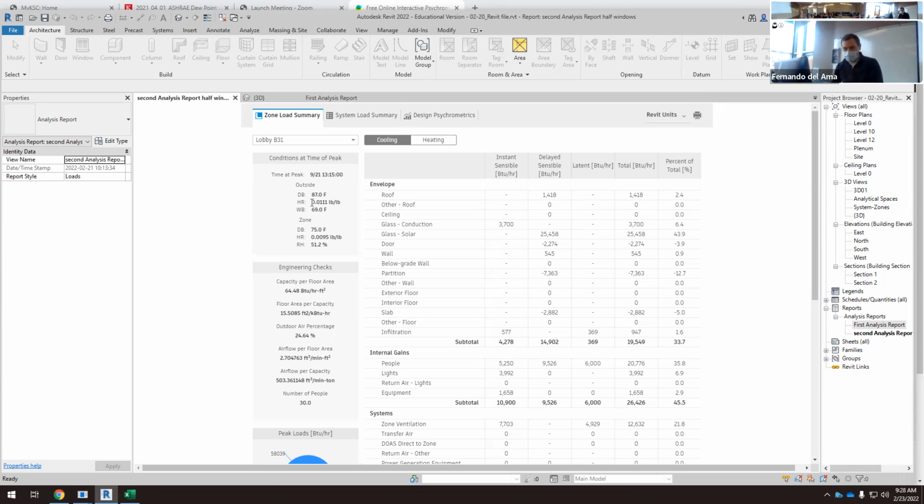The problem is that I don't know these units. The relative humidity in Revit is not given in percentage, so somehow we have to turn these units into percentage. We're not doing it, okay? Anyway, you see that this is complicated.